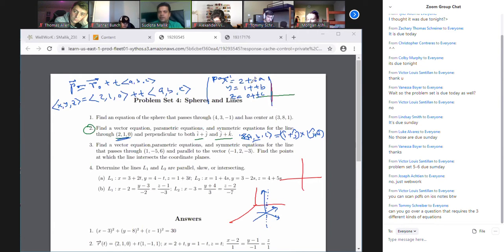And then if you solve for t for each and equate them, that's called the symmetric equation. So (x minus 2) over A is t, (y minus 1) over B is t, and (z minus 0) over C is also t. If you equate them, you get the symmetric equation. Is that good? Yeah, thank you. Okay.